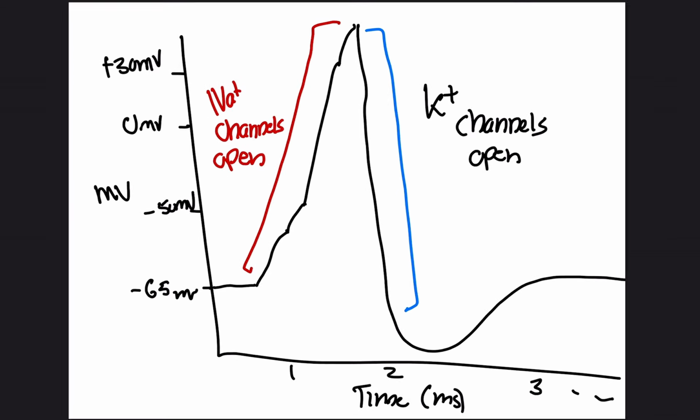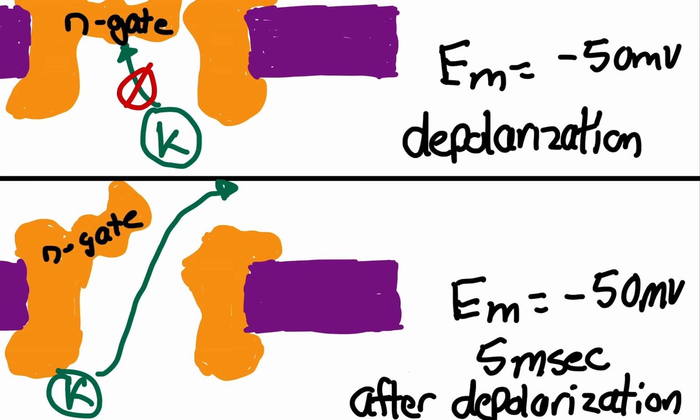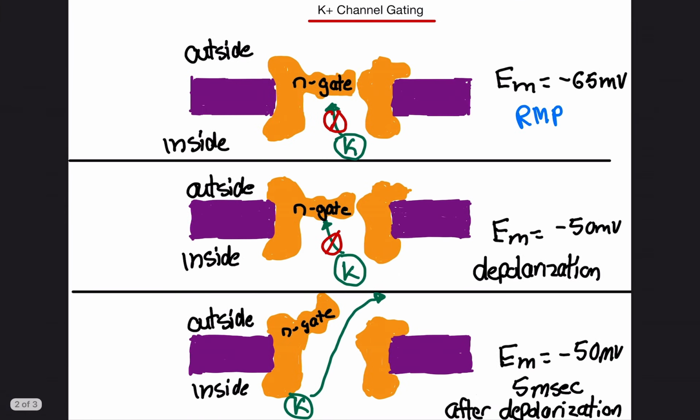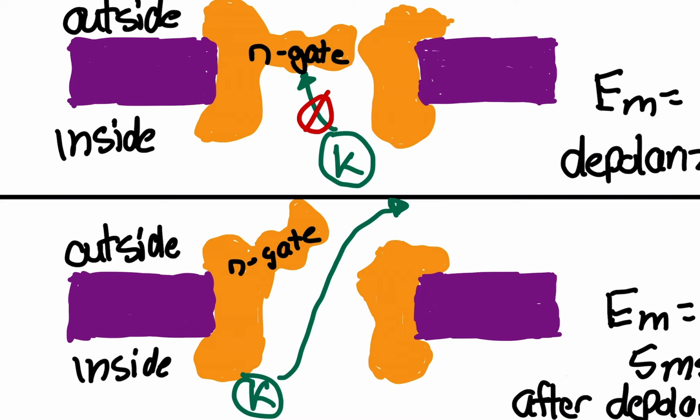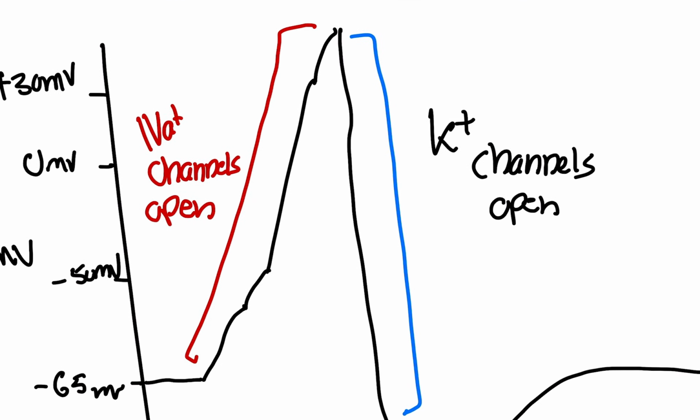Now notice over here we said 5 milliseconds after depolarization. What am I trying to say here? This is basically the last point where it's open. It begins to open around positive 30.